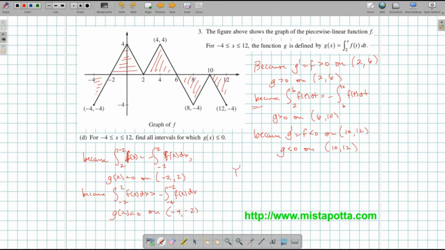So, therefore, g is less than 0 on the interval from negative 4 to 2 and from 10 to 12. Now, there's a lot of stuff to write, but the concept here is a pretty easy concept to understand.